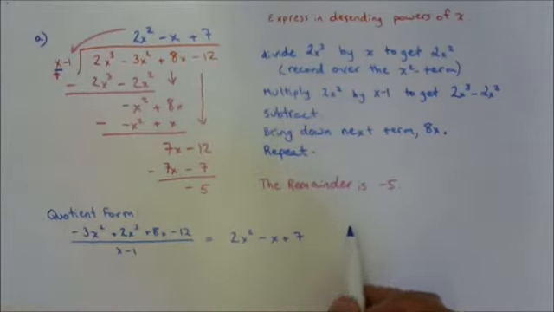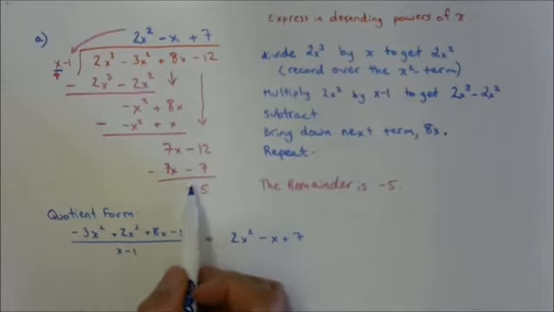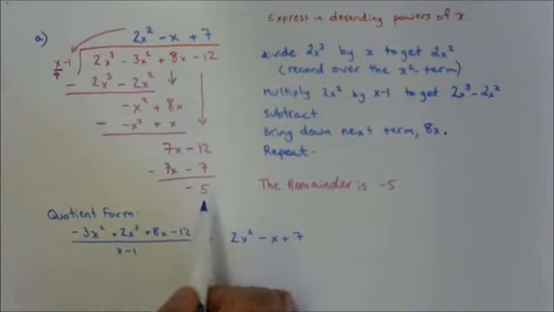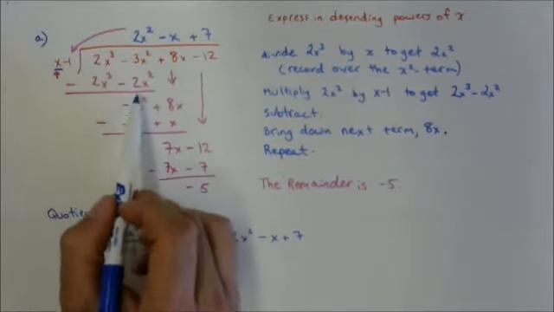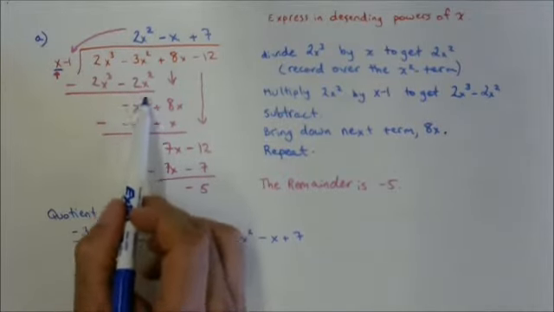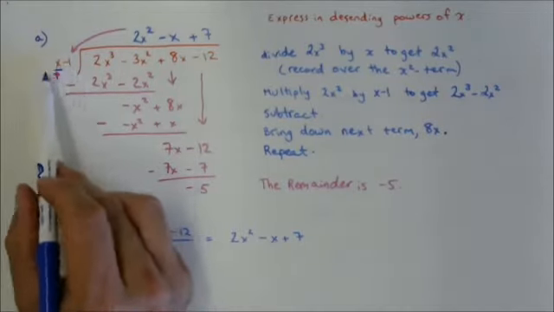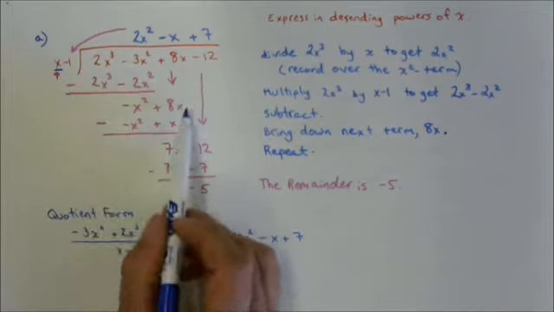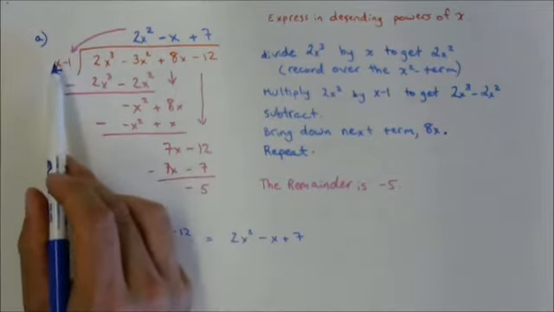Now pay attention to this remainder because you'll see it. Look at what we did each step. Each piece of this polynomial has to get divided by x minus 1.